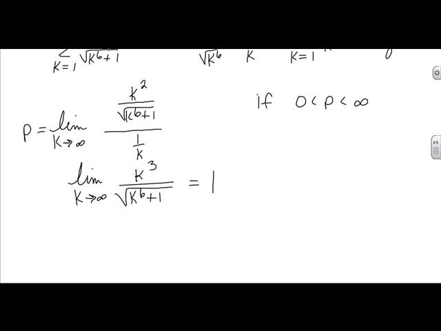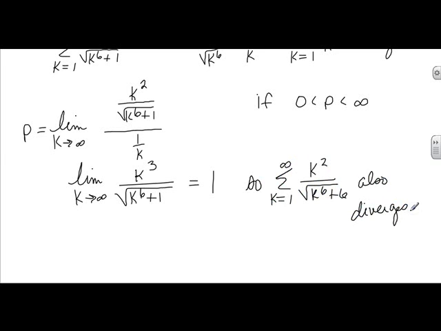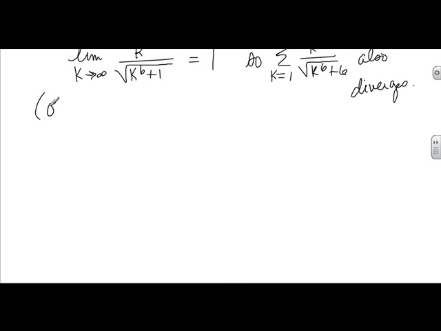So the series from 1 to infinity of k squared over the square root of k to the sixth plus 1 also diverges. So what we've done at this point is we've ruled out absolute convergence. So the original series does not absolutely converge.